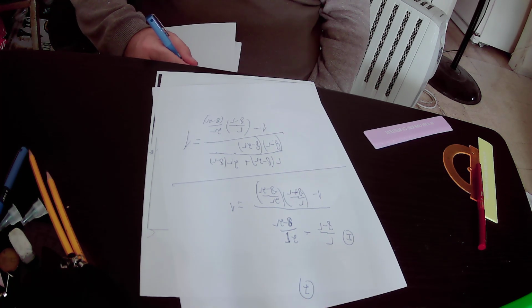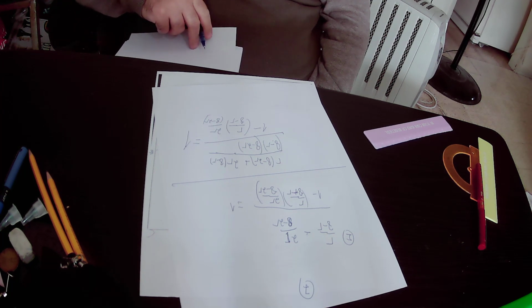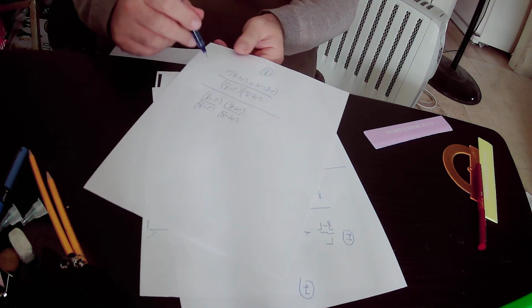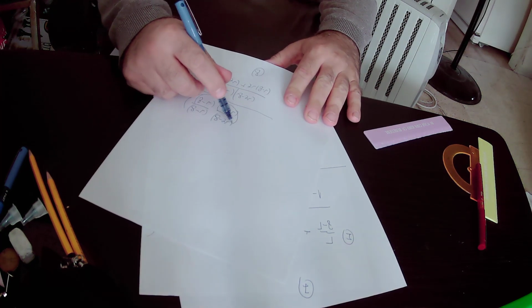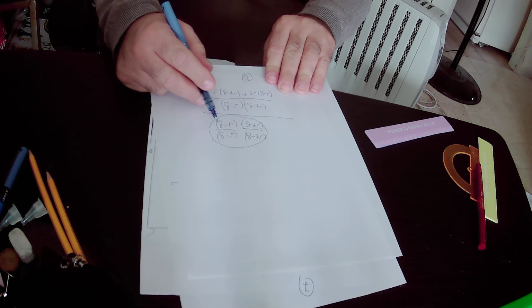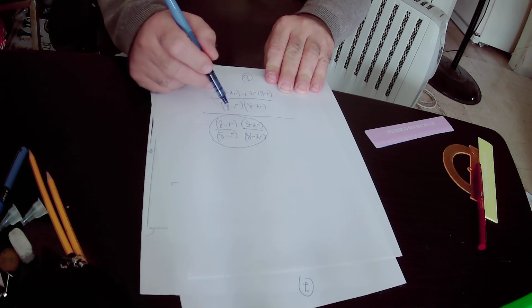Okay? So we actually substituted 1 by this expression. As you can see, this expression equals to 1 because it is 8 minus r over 8 minus r, 8 minus 2r over 8 minus 2r, so this expression equals to 1.